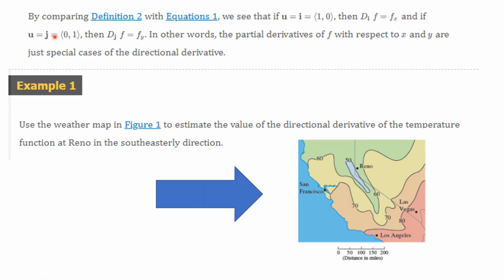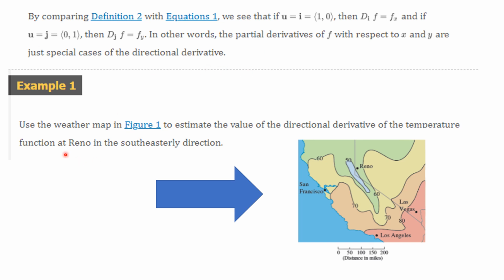Okay, so if we compare the definitions 1 and 2, we do see that if we're going in the x direction, u would be i, (1, 0), and j, (0, 1), would be in the j direction. So again, the partial derivatives are special cases of a directional derivative.